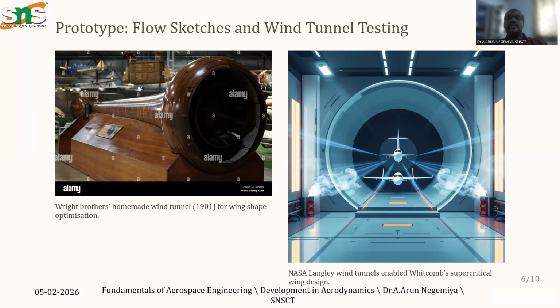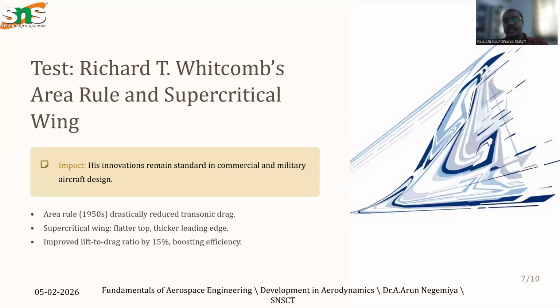By testing the aircraft, they found how much laminar and turbulent flow occurs during testing. In that testing, Richard Whitcomb's area rule found the drag formed during flying conditions.